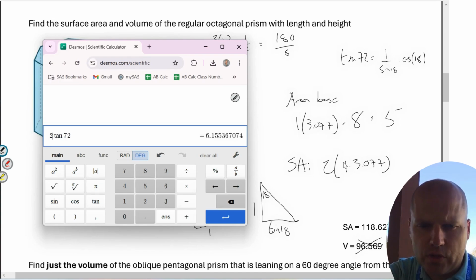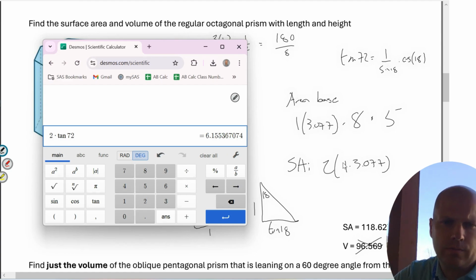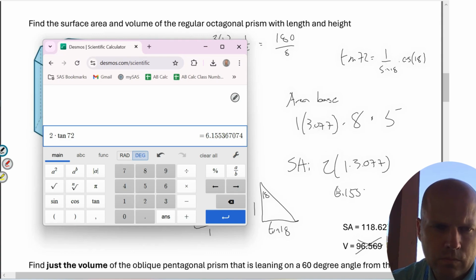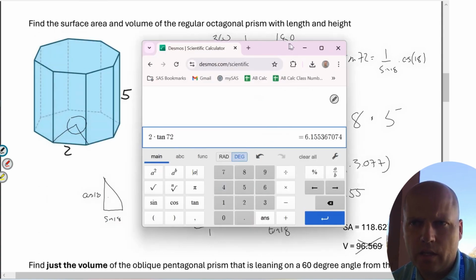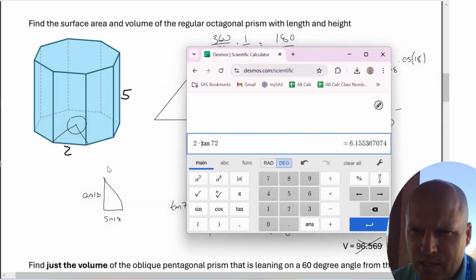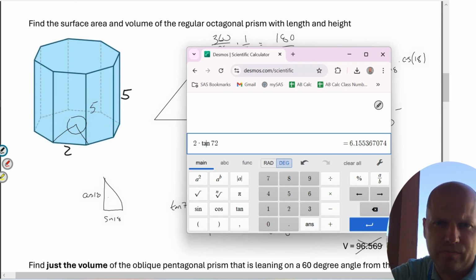Need 2 of those. Then I need 8 of these 2 by 5 rectangles.